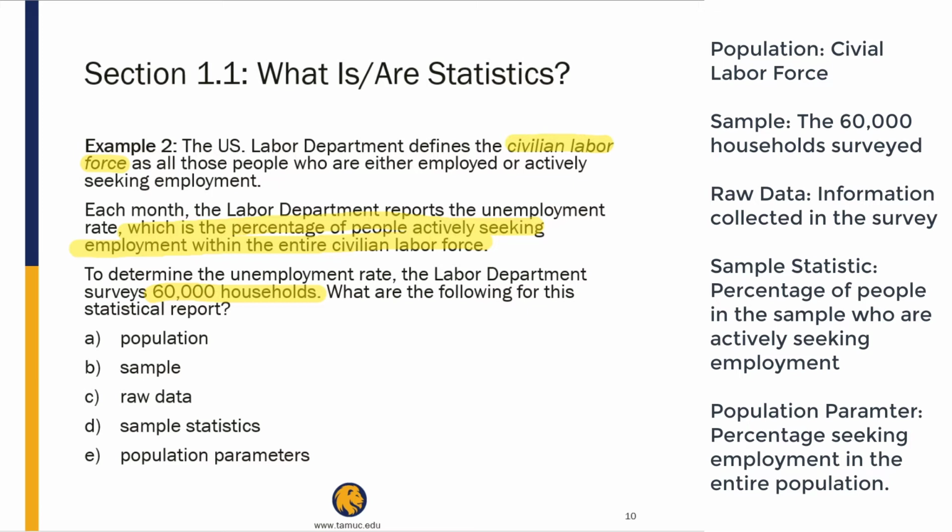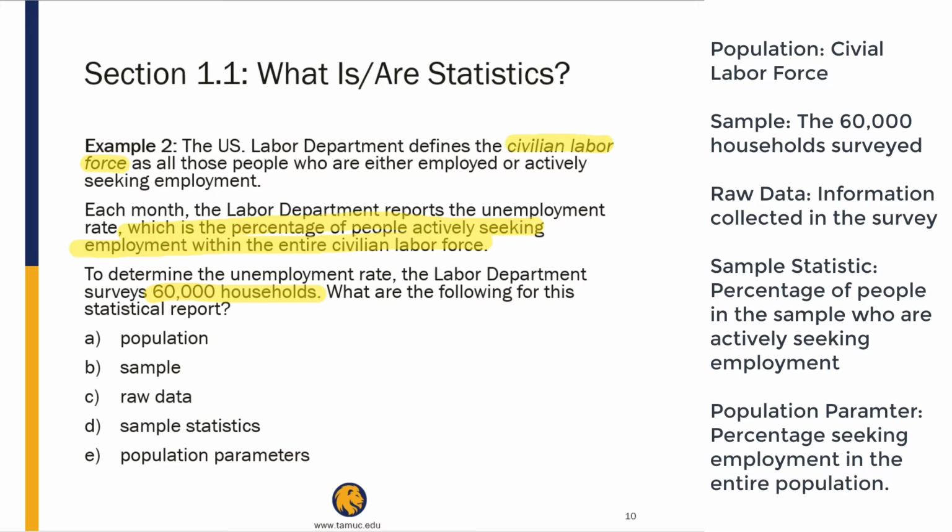The population parameter is the characteristic of the entire population that corresponds to the sample statistic. So in other words, the sample statistic is what we get from the sample, and the population parameter would be the same kind of number, but what we would get if we checked the whole population rather than just a smaller group in the sample. But we take the sample statistic and make an inference about the population parameter.